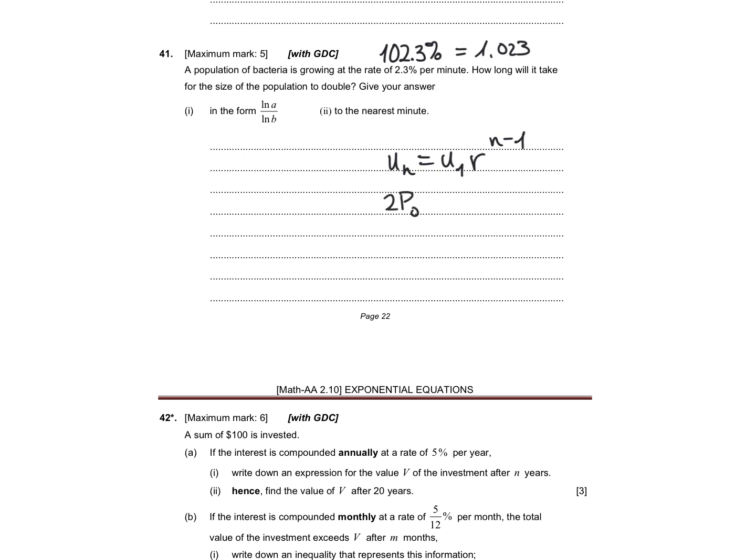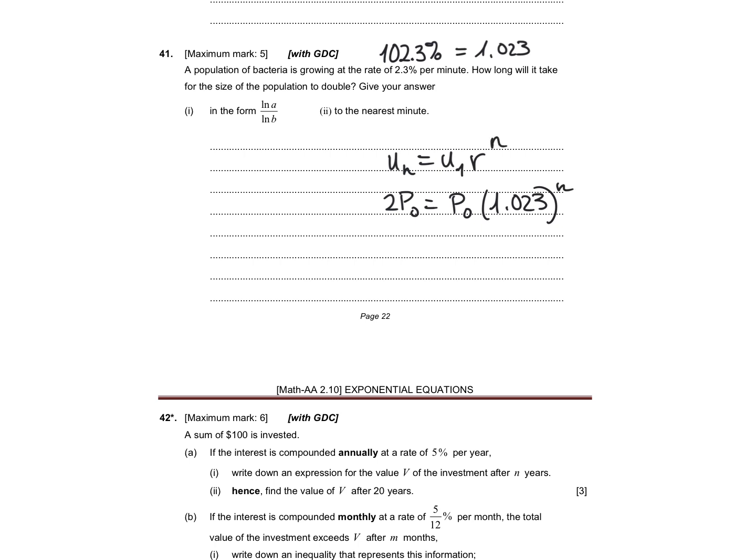So we're going to have initial population twice that, 1.023 to the n minus 1. Except it shouldn't be n minus 1 because we're given something at time 0. So it doesn't start at 1. So this should actually just be n.